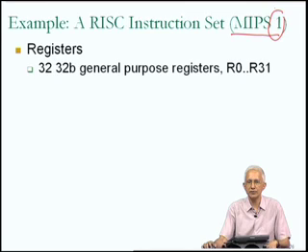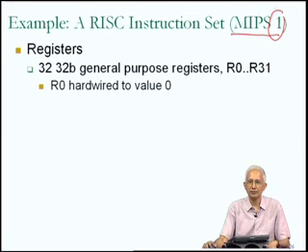Remember that the general purpose registers are fast, small pieces of memory inside the CPU, which are available for any purpose that the programmer or the compiler wants to use. Typically, they are used for storing frequently used pieces of data. Now, in the MIPS1 instruction set, there are a few peculiarities which we must be aware of. So let me just mention them.